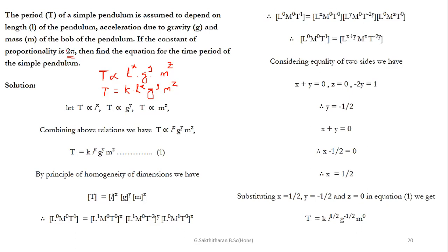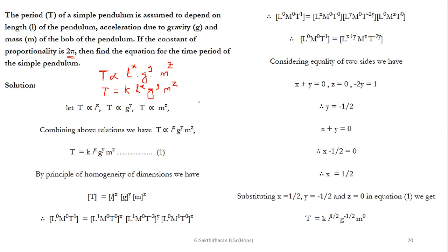We can use this value at the end of the calculations. So the equation is T equal to k into L to the power x, g to the power y, and m to the power z.